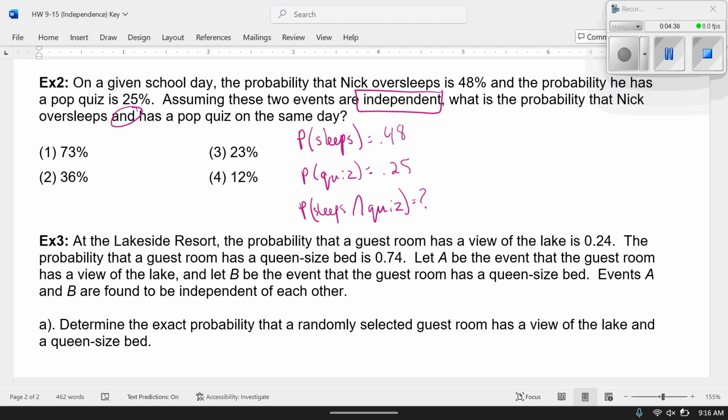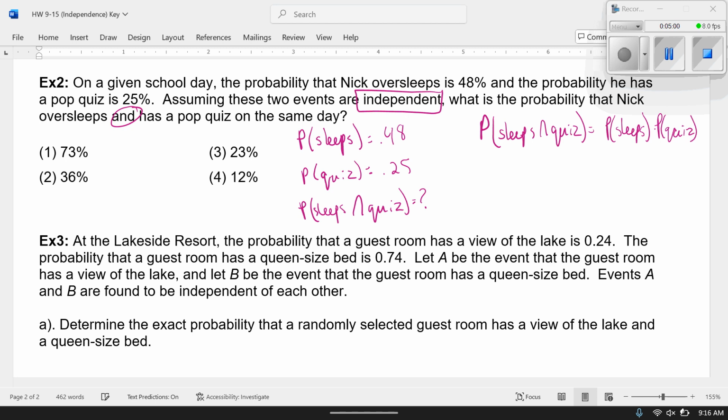You're going to use the multiplication formula, meaning the probability of oversleeping and having a pop quiz is equal to the probability of oversleeping times the probability of having a pop quiz. It's one times the other.